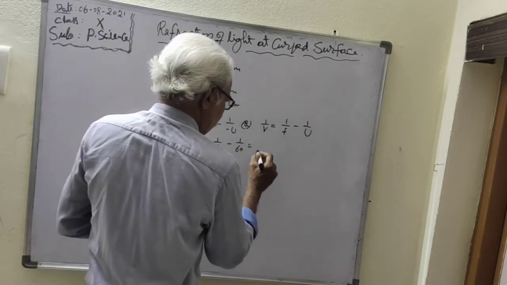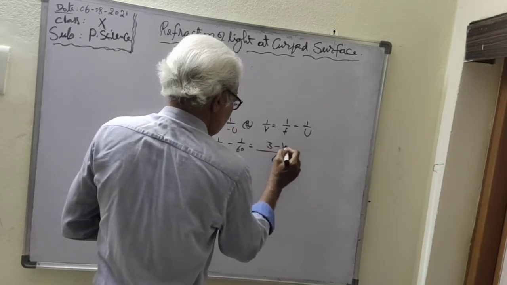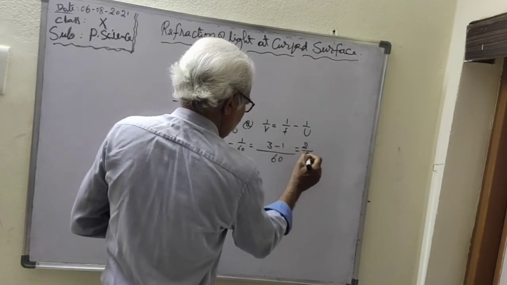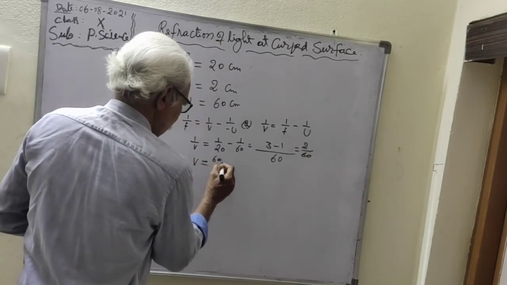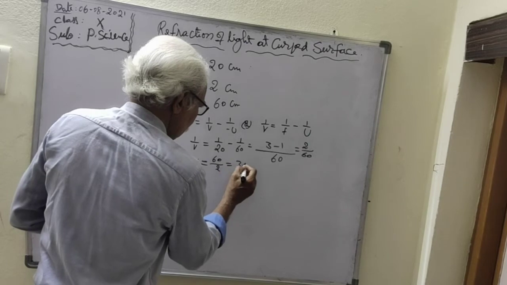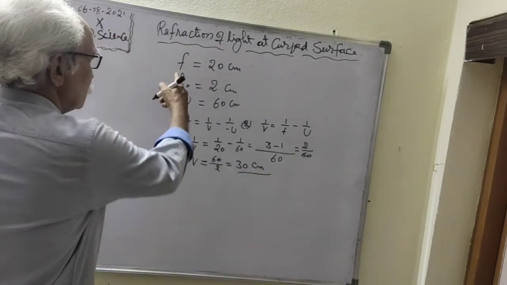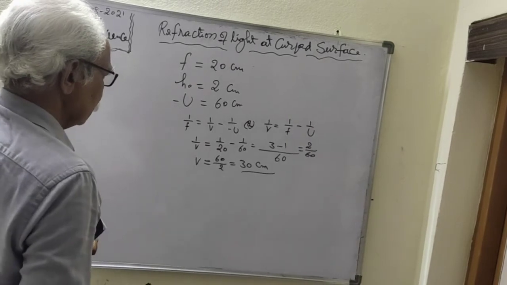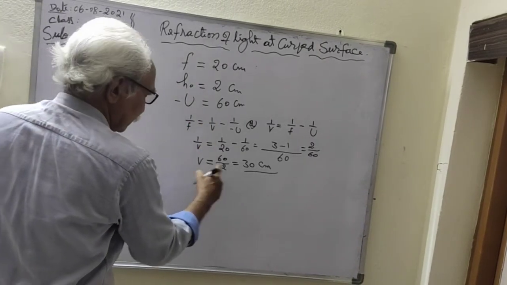So you can write the result is (3 minus 1) by 60, that is 2 by 60. Then v is equal to 60 by 2, 30 centimeters. So focal length is 20 centimeters, object distance is 60, distance of the image is 30 centimeters.